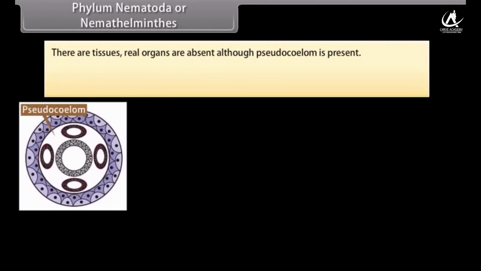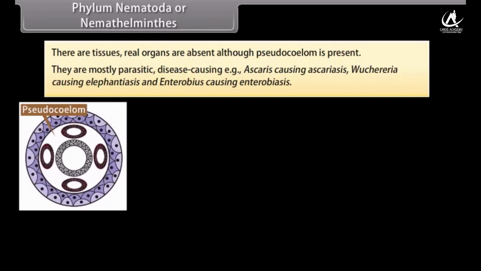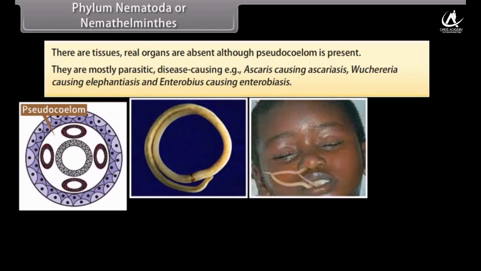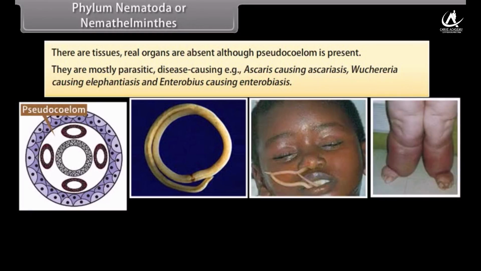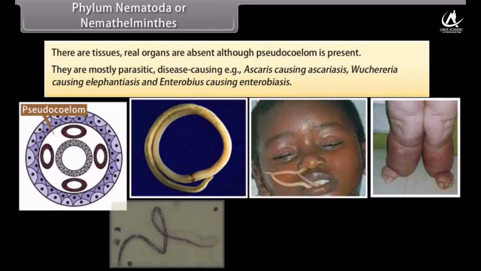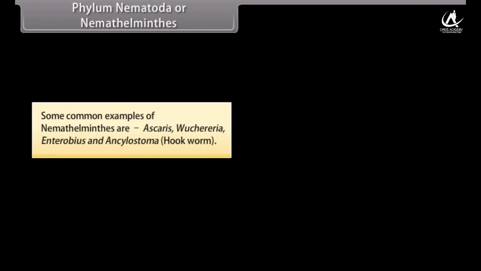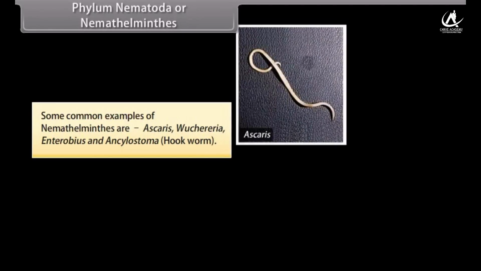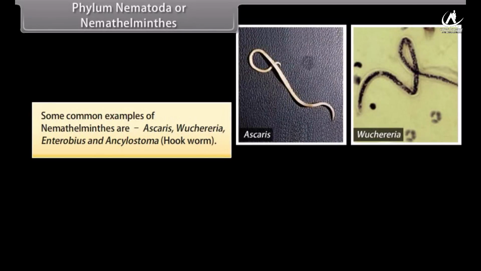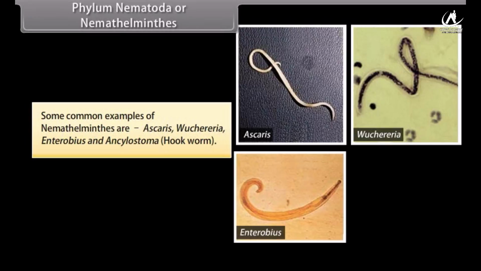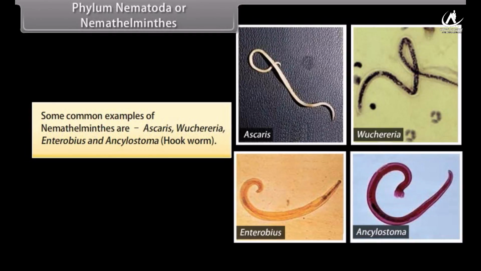There are tissues, but real organs are absent, although a pseudocoelom is present. They are mostly parasitic, disease-causing, example, Ascaris causing ascariasis, Wuchereria causing elephantiasis, and Enterobius causing enterobiasis. Some common examples of Nemathelminthes are Ascaris, Wuchereria, Enterobius, and Ancylostoma, hookworm.